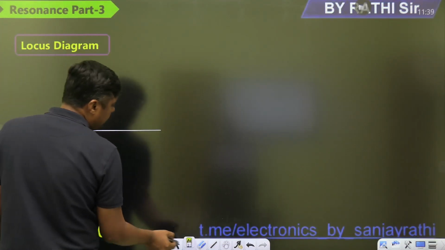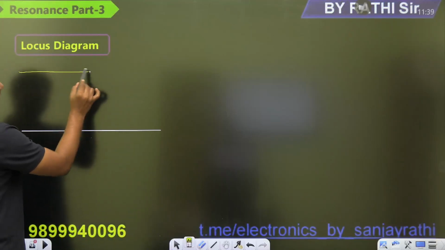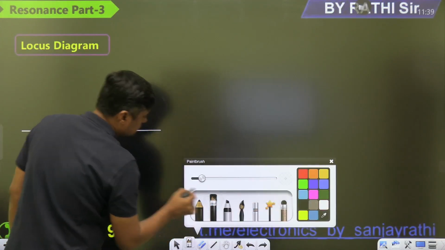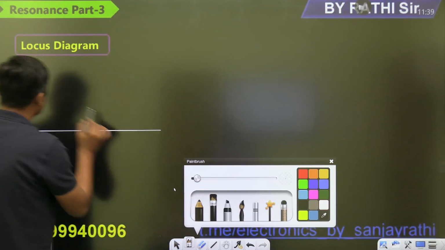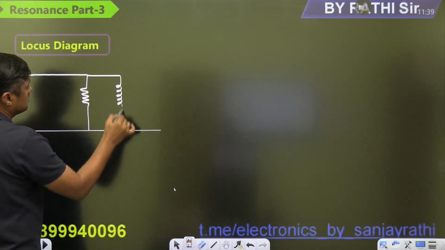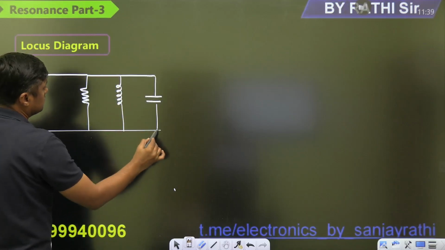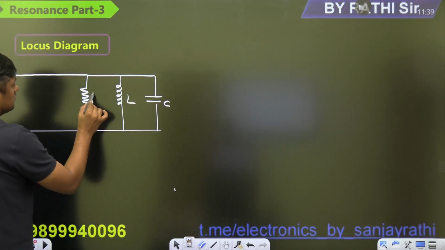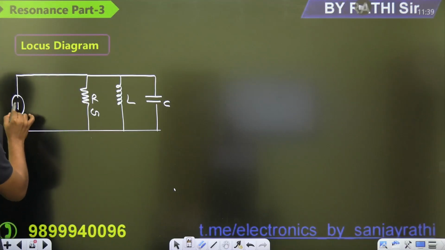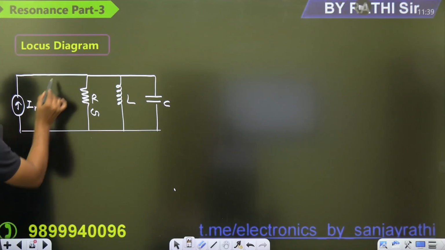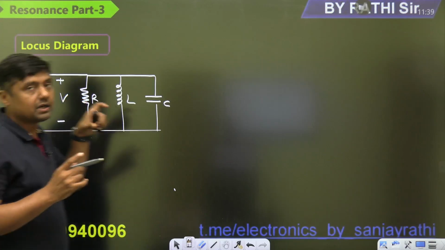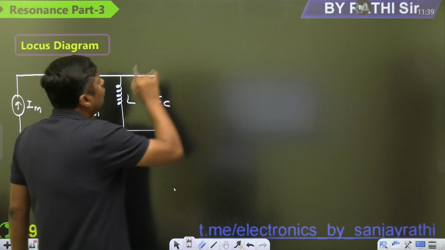So which one will become infinity? Admittance will become infinite. For example, this is a parallel RLC circuit. Or this is G. What is the G? 1 by R. Now, for this parallel RLC circuit, what is the Y?